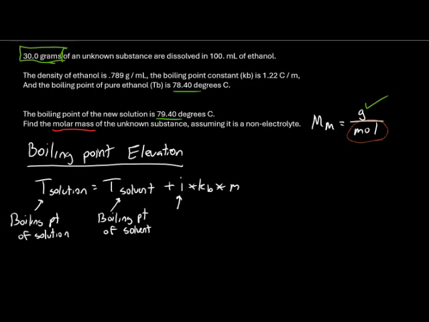The i, if you watched the video about freezing point depression, you would know that i stands for the Van't Hoff factor. And in Chem 152, we can think of this as the number of ions in the solute. Kb is the boiling point elevation constant.